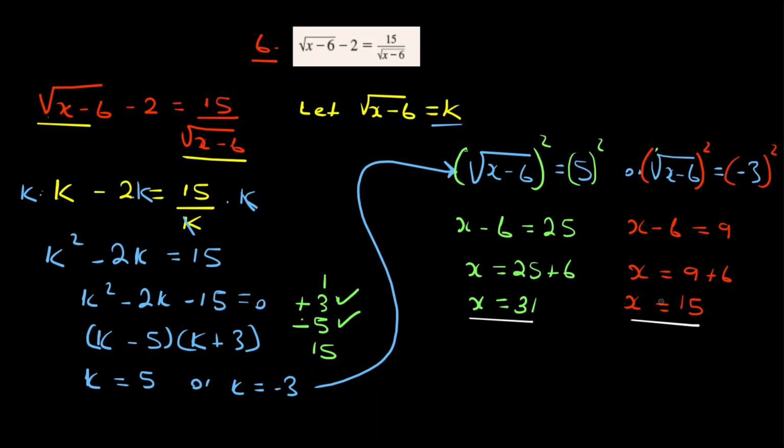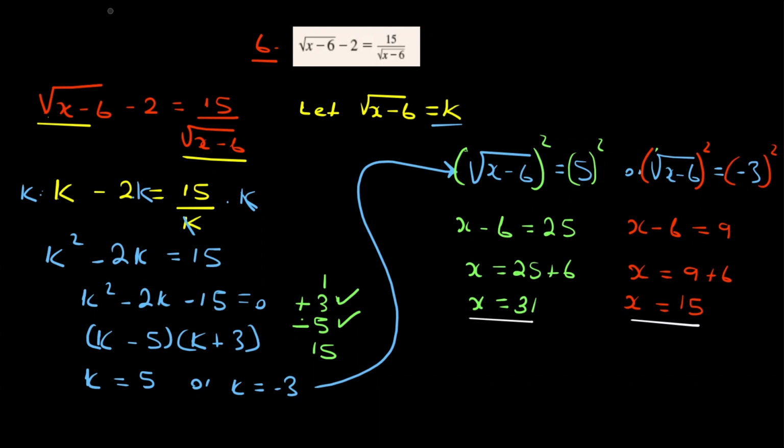So you might be asking yourself, do we perform a check for these, or we don't perform a check? We do perform a check. So we need to go back into our equation and substitute x equal to 31 and x equal to 15 and see what solution you get. You can quickly do it on your calculator to see what value you get on the left hand side and see if it's consistent with the right hand side.